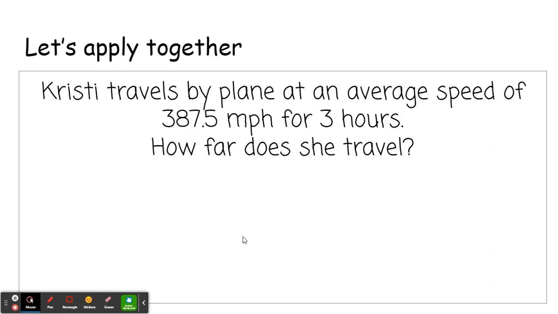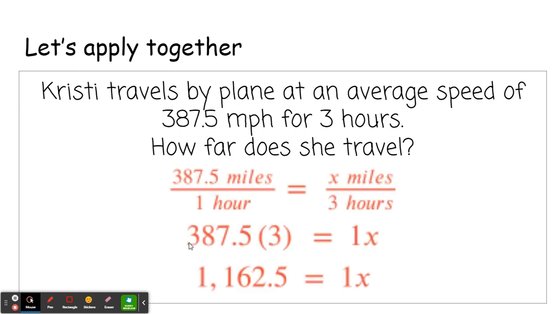For this one, Christy travels by a plane at an average speed of 387.5 miles per hour for 3 hours. We want to know, how far does she travel? So again, what I did is I set up my proportion. I'm doing 387.5 miles per hour.